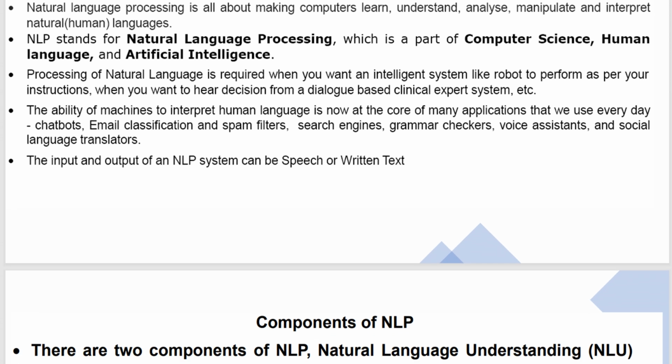In my previous videos I explained how NLP is related to computer science, human language and artificial intelligence. I drew a simple picture there and explained all these things. If you want to understand that, just go to my previous videos. There I explained very clearly.